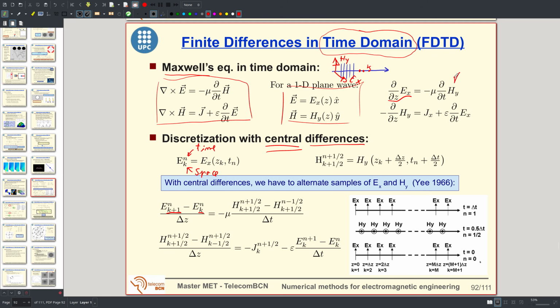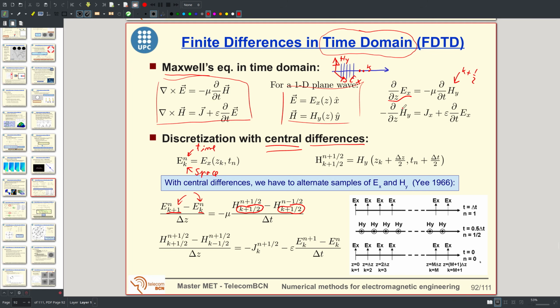So the magnetic field is obtained at position k plus 1/2. Here we can observe that in space the magnetic field is at position k plus 1/2 because it is the middle point between the two samples that we subtract to compute the derivative, k plus 1 and k.